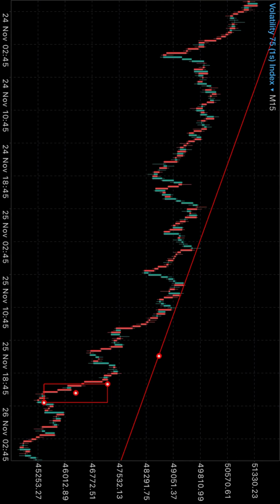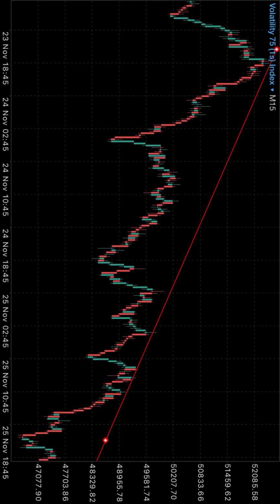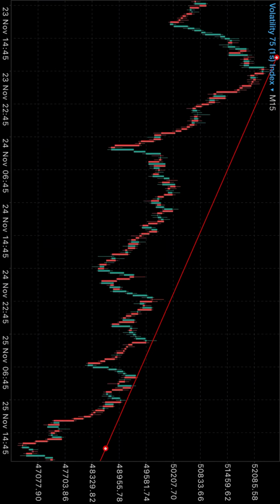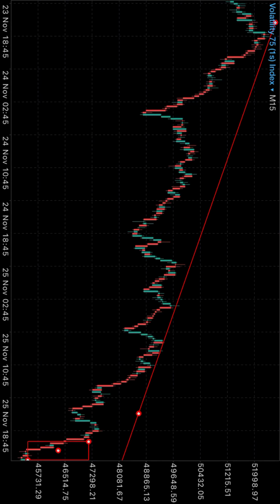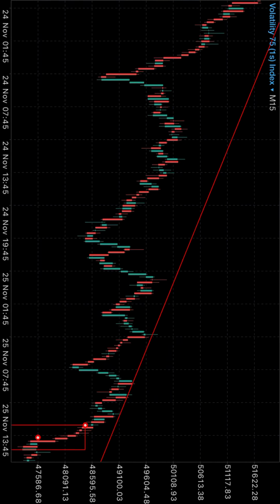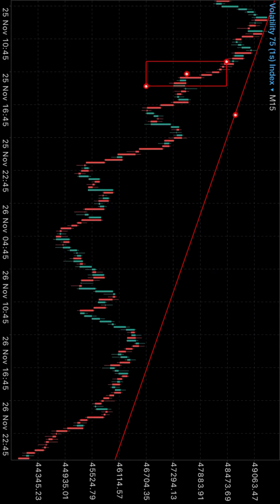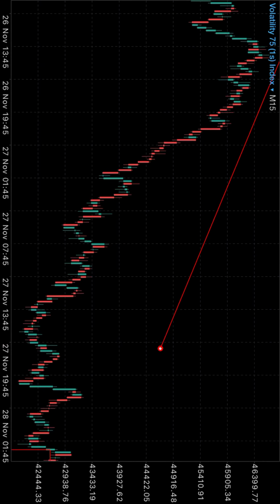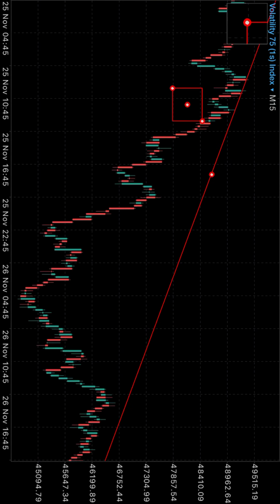Either you call it a bearish market or you call it a downtrend. Downtrend means that it is selling. As you can see, it is selling. It's not buying.